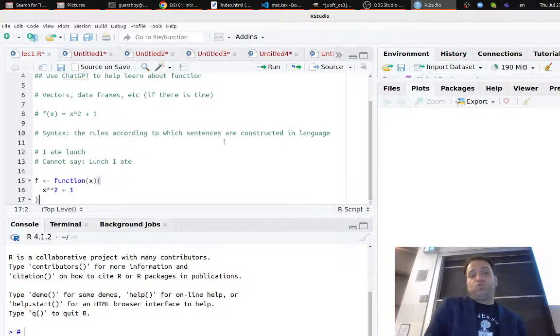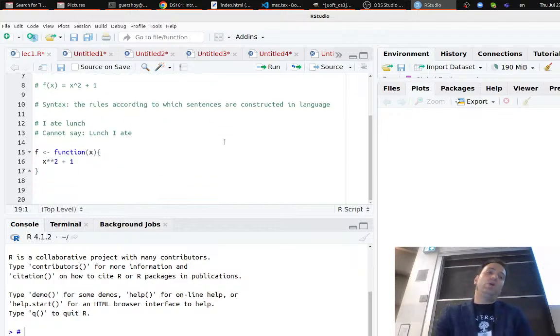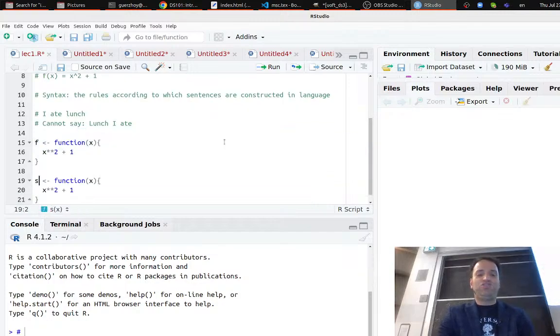So what I would recommend is that you just follow the examples here, and then if you want to write something new, like a function that computes square, well, take something that works, copy it, paste it, and then change it to whatever you want.